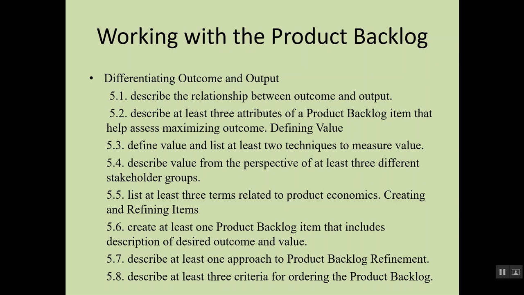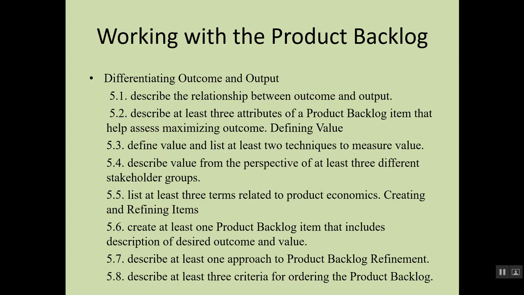What is the relationship between the outcome and the output? Then what are some of the attributes of a product backlog item that will help us assess maximizing outcome, and what is the value and how can we measure the value. And how can we define the value from the perspective of stakeholder groups?